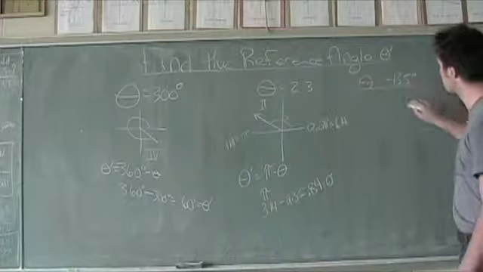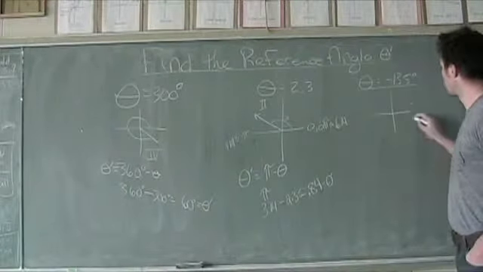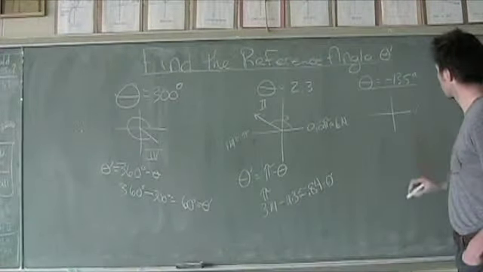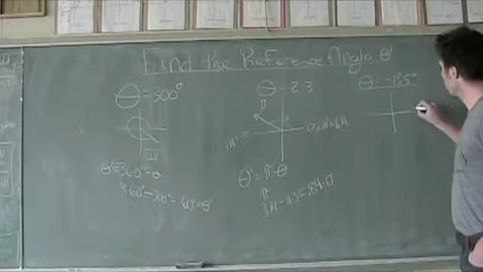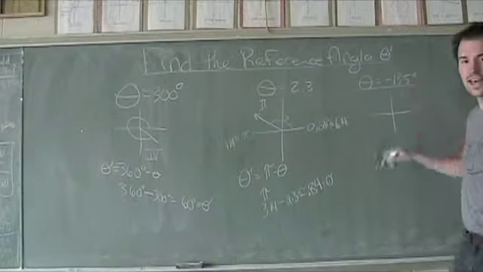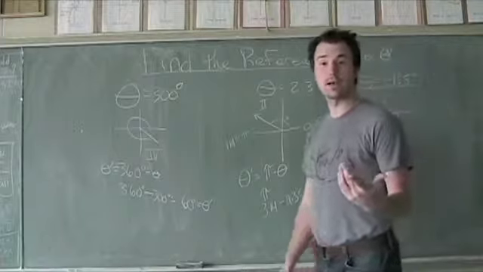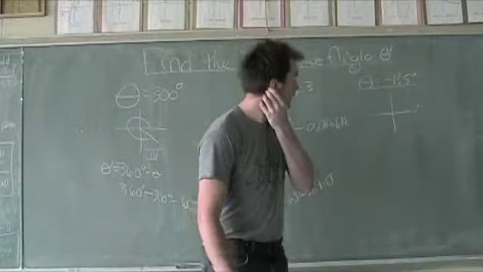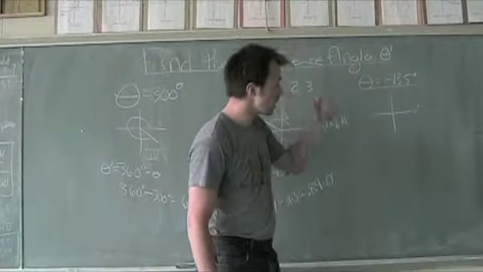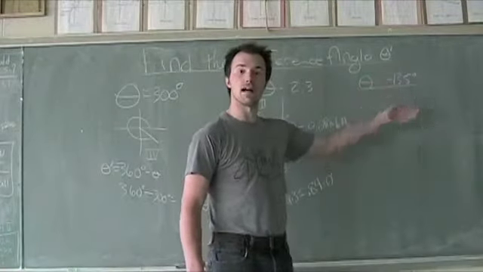Now we have theta equal to negative 135 degrees. Here we are, quick sketch. A negative degree measurement is something that we maybe haven't seen since section 1 of this chapter, when we started talking about positive and negative.